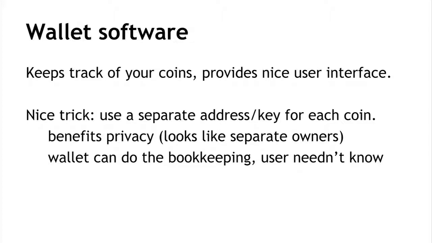And by the way, once you're using software to manage keys and such, it's a useful trick to use a whole bunch of different addresses, a whole bunch of different keys. So rather than taking all of your coins and paying them to one address and controlling them with one key, you can have a separate Bitcoin address and a separate key for each coin.